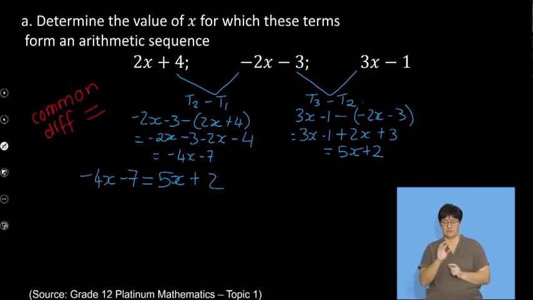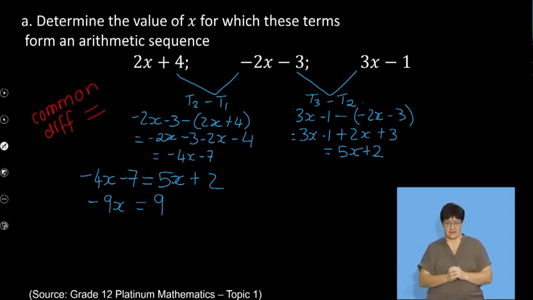If I bring the 5x over to the left-hand side, sorry, algebra mistake. If I bring the 5x over to the left-hand side, I'm going to have negative 9x. If I take negative 7 over to the right-hand side, I'm going to have positive 9.